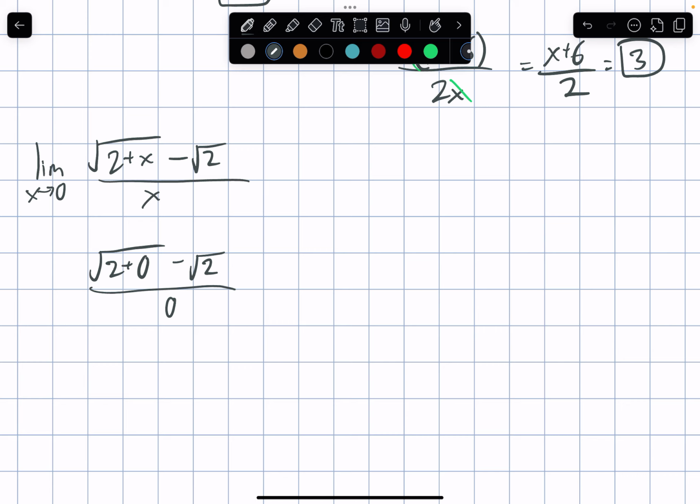Okay, so clearly you cannot directly substitute. You can apply rationalization.